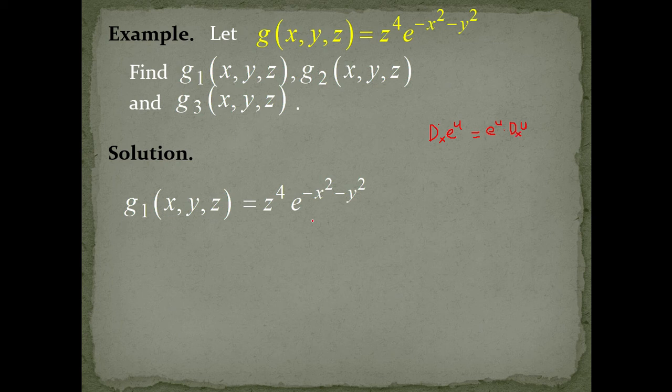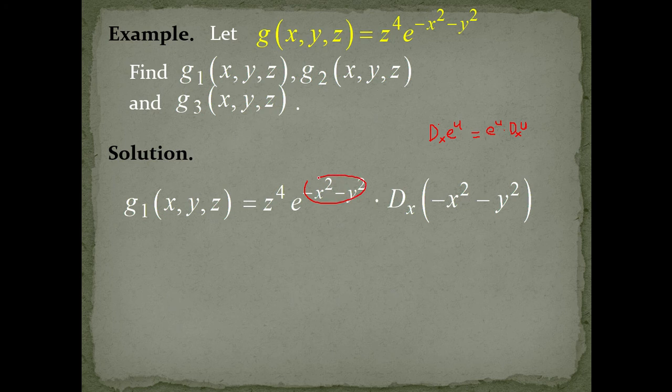Okay, so since this is constant, you segregate this, then just take the derivative of the e. Our e is e to the u. You just copy this part here, then take the derivative of u, meaning the derivative of this part here.